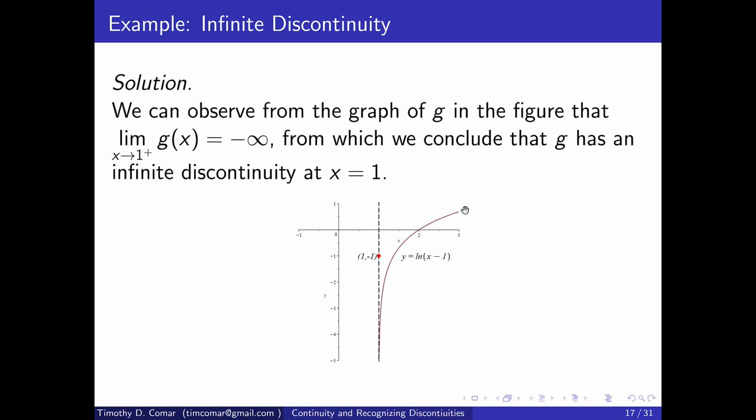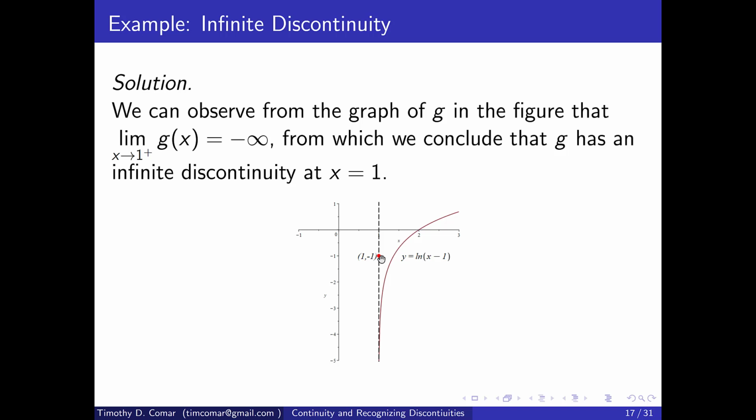So we can certainly observe from the graph here that as x approaches 1 from the right, the values are decreasing without bound, in other words, negative infinity for that right-hand limit at 1. So from which we can conclude that g has an infinite discontinuity at x equals 1.